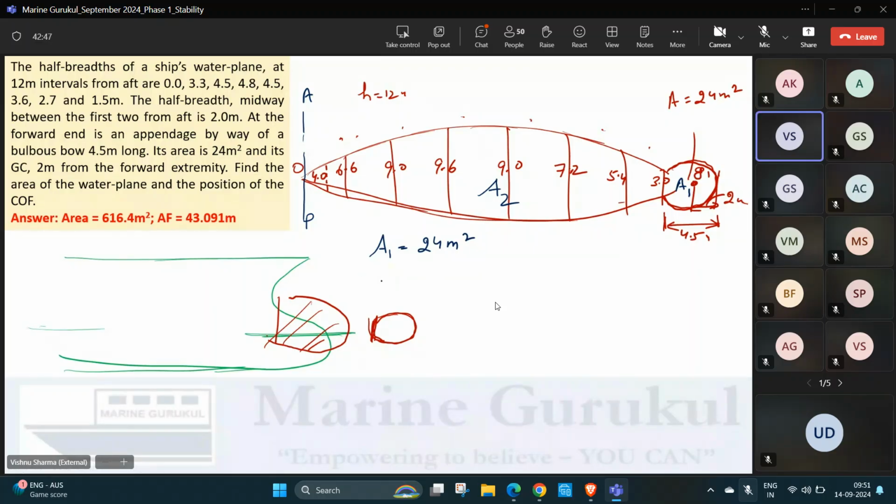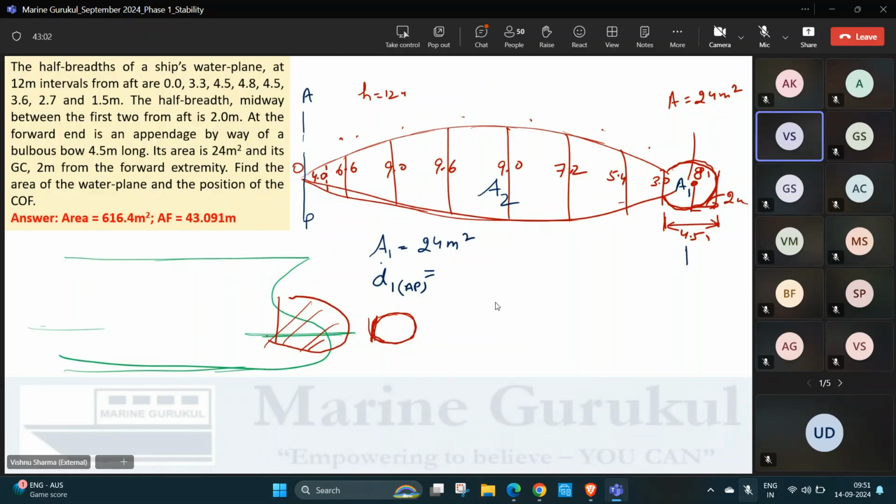Can you tell me what will be D1 from the after perpendicular, beta? Look at the diagram, use your common sense, common mathematics. Find the total length, subtract 2 meters from there, and you will get the distance of this G1.